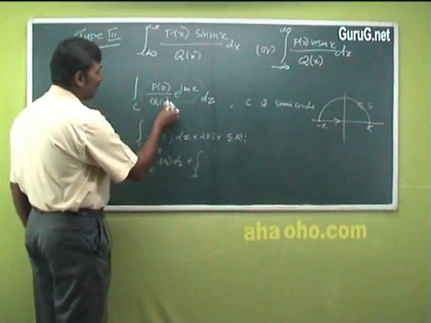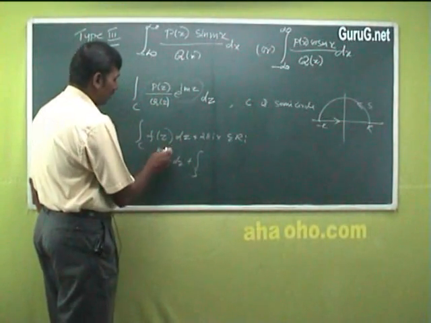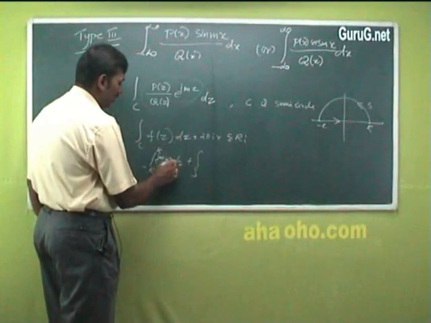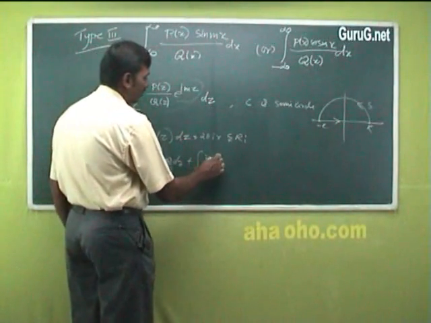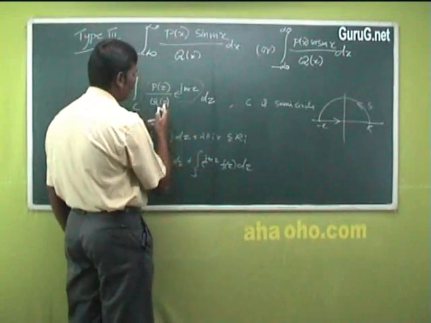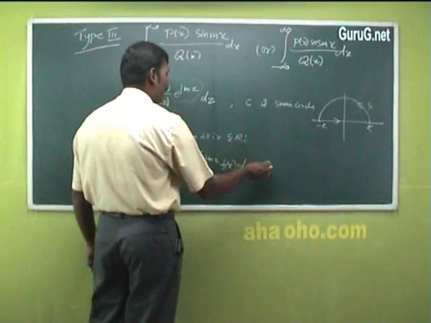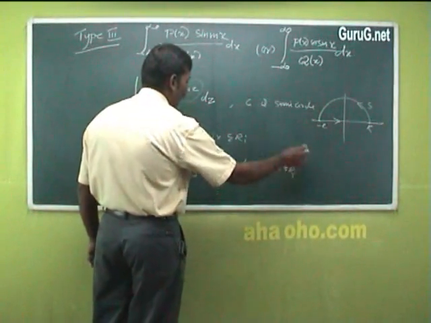I can write this as e power i mz times p of z by q of z, that is e power i mz f of z dz, where f of z is p of z by q of z, right? This is equal to 2 pi I into the sum of the residues, right?